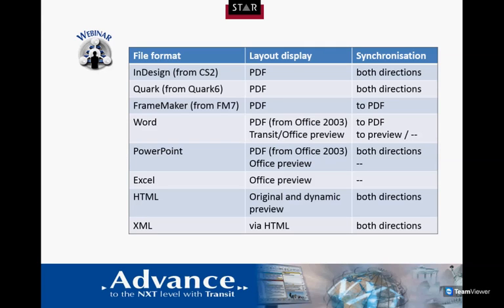For Word, you have two kinds of preview, the preview in Transit and the preview in the Office application. For PowerPoint and Excel, you have the preview either in PowerPoint or in Excel. You have the display of the source language layout and also a dynamic preview of the target language. And the synchronization works in both directions.